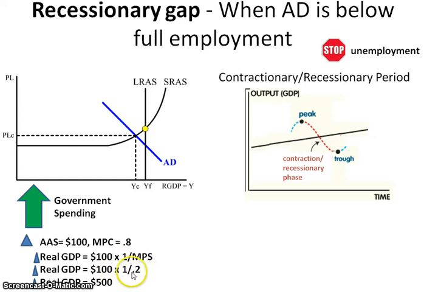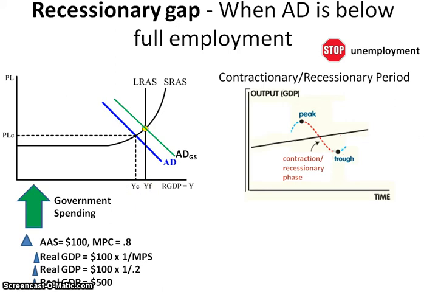This would turn out to be 5, and so $500 would be created through the government spending $100. If we were to see how that would impact the AD-AS model, you would see that the AD curve would shift out here to the right, and there we're looking at it with government spending.